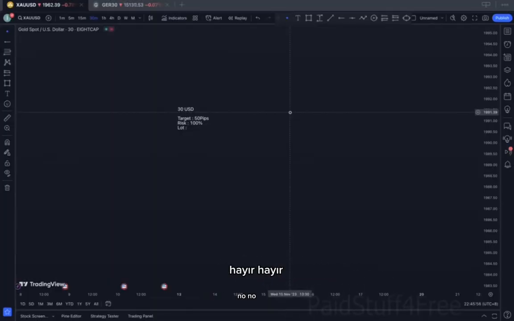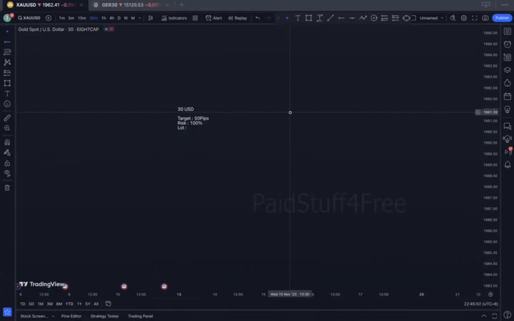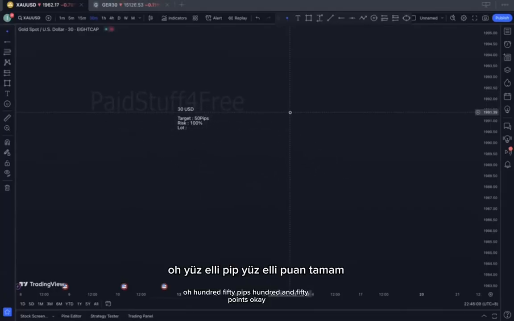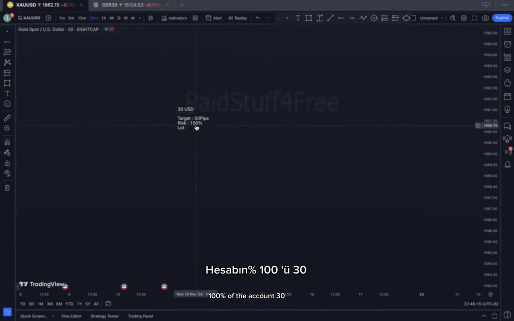No, your stop loss is going to be 150 points. Okay, convert it to pips, 15 pips. What's the lot size? 100% of the account, 30.